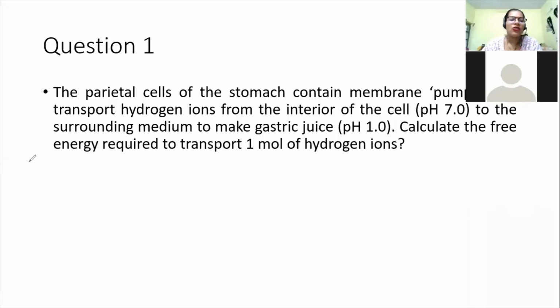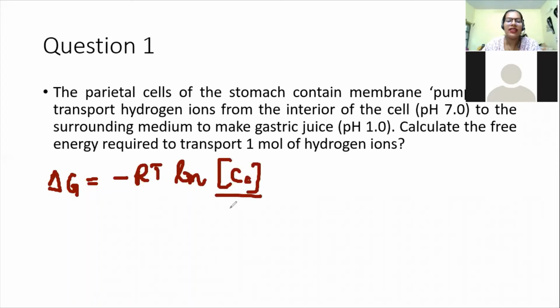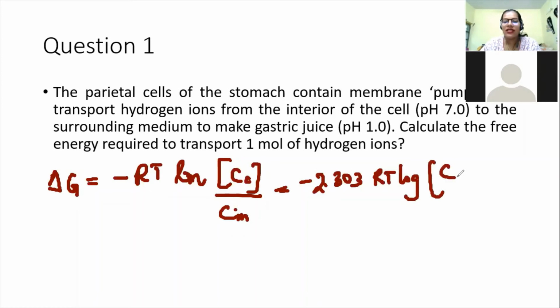Okay. So how you have to do it is, we know that the free energy we need to calculate is called delta G. Delta G is equal to minus RT ln C out by C in. This can be written as minus 2.303 RT log C out by C in.